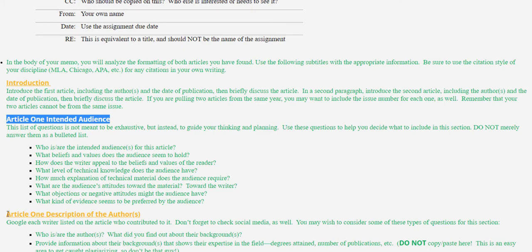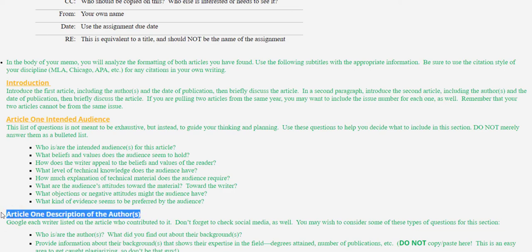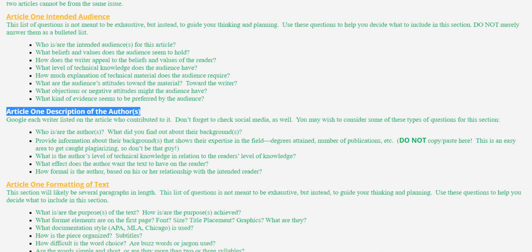The next part will be description of the author or authors. This is going to be hard, especially for scientific journals and things like that, because you may not be able to find out much about these people. You may be able to find nothing more than Joe Smith is a professor at MIT, and that's okay. That may be all you can get.